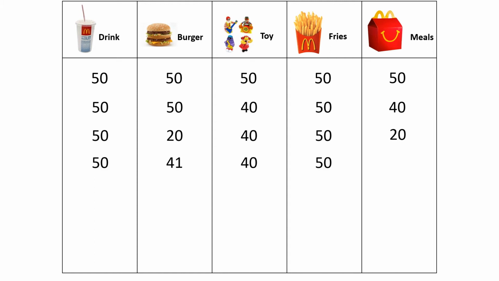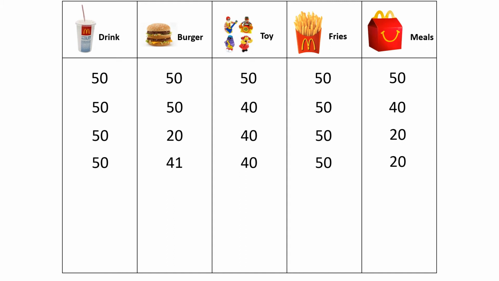If we increase the number of burgers up to 41, then the number of burgers at 41 is no longer the limiting factor. It's the toy that becomes the limiting factor because there's only 40 of them, and they of course are determining the rate of Happy Meals and setting that at 40.